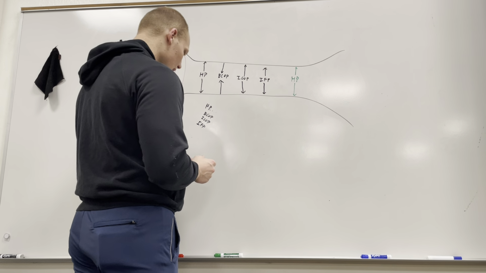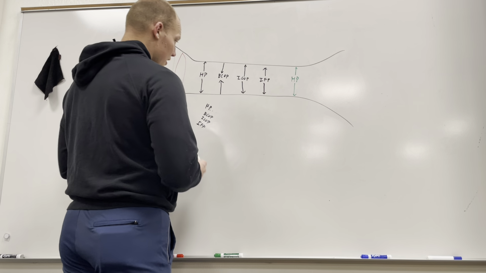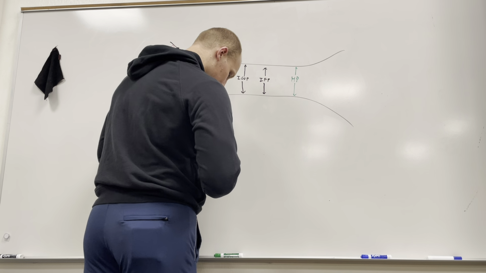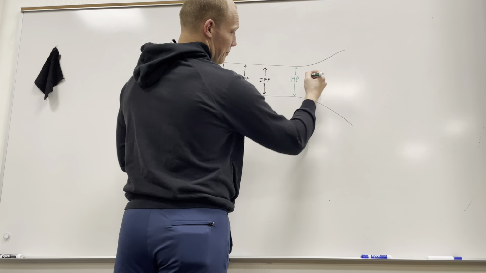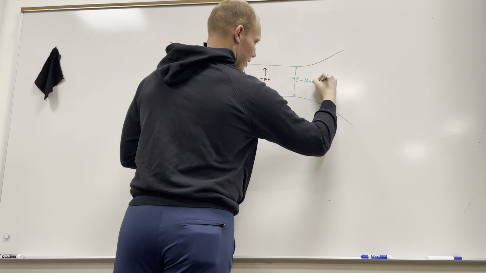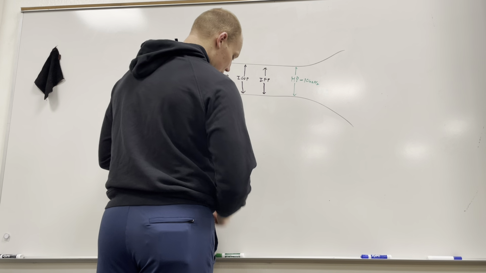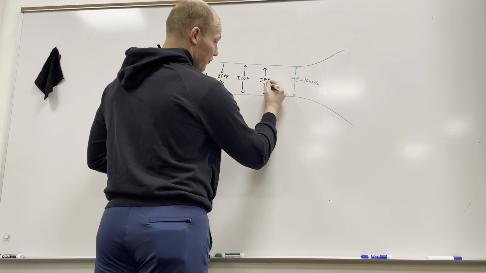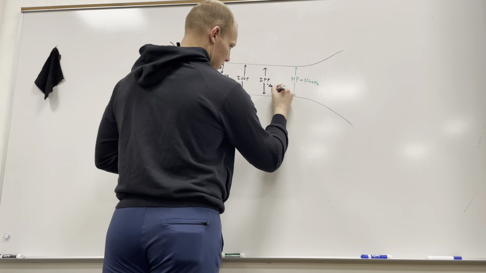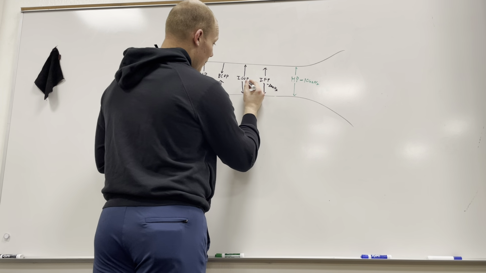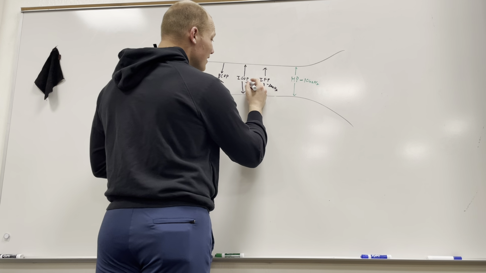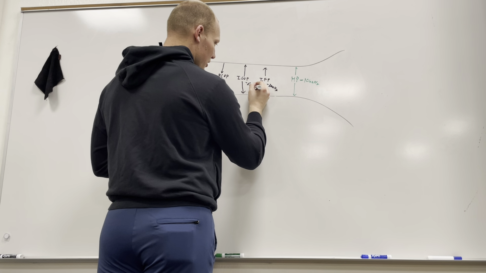So if we were to give these numbers, we'll start over here on the vein side. The hydrostatic pressure on the vein side is about 10 millimeters of mercury. And then the interstitial fluid pressure is about 3 millimeters of mercury. The ICOP here is about 8 millimeters of mercury.